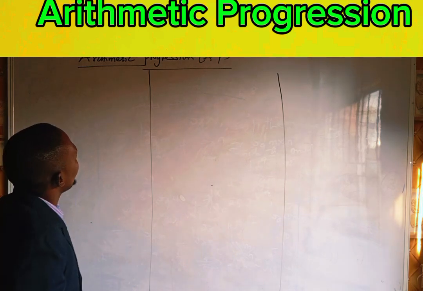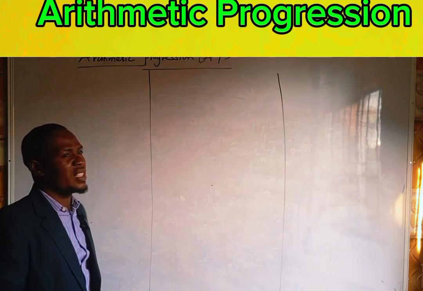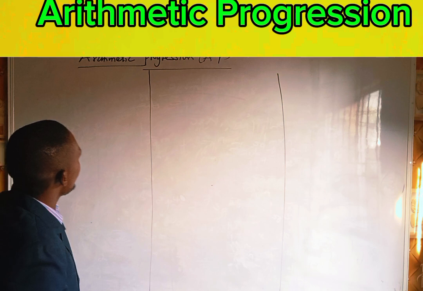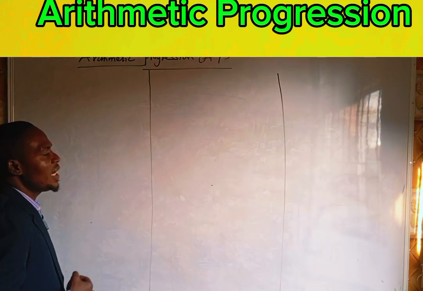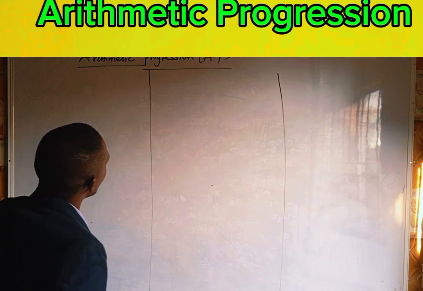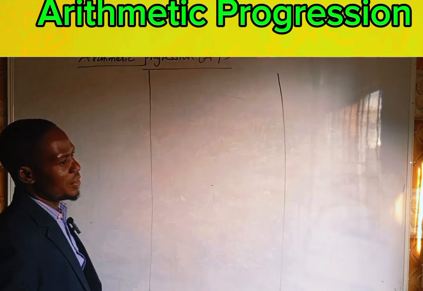Arithmetic progression is a type of progression or sequence in which the difference between any of its two consecutive terms is the same throughout.